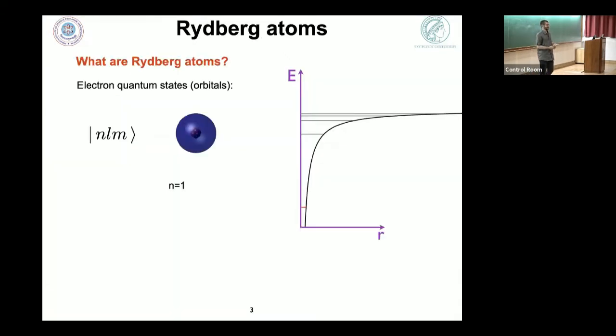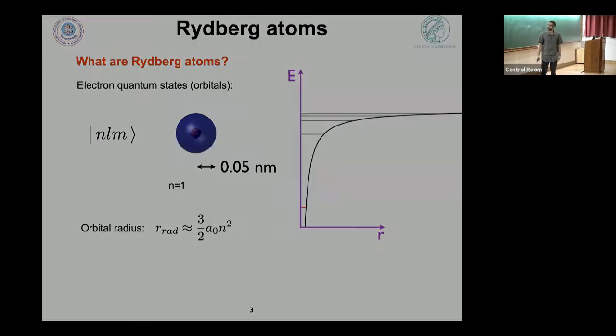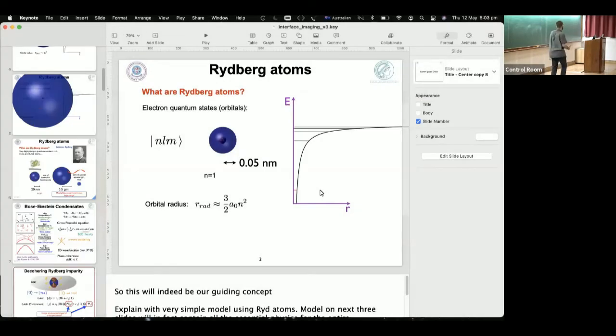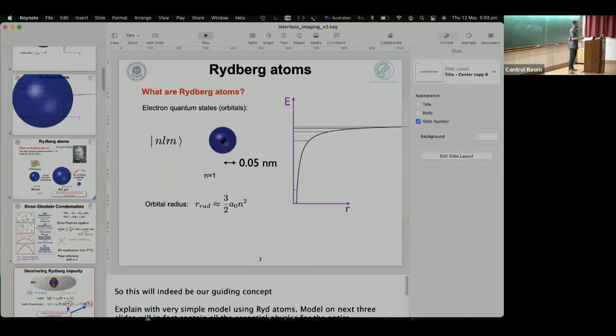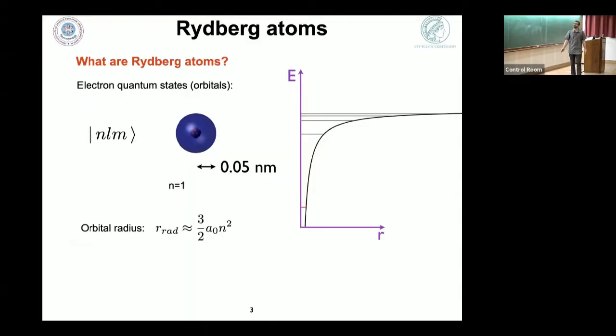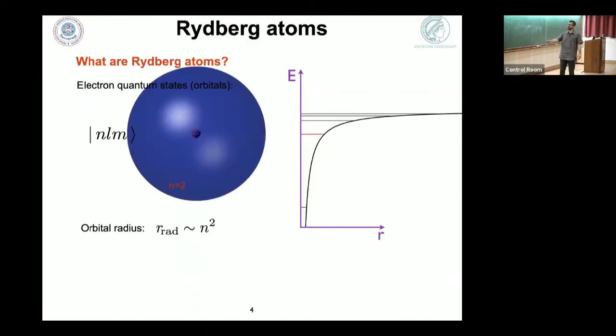Right, so as a brief reminder that we probably don't need after all the other talks of what a Rydberg atom is, if you start with your hydrogen atom in the ground state, that's of the size of a Bohr radius. However, as we are increasing the principal quantum number, the orbital radius of the atom scales like the principal quantum number squared.